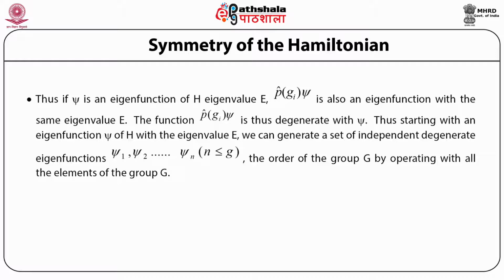Thus, starting with an eigenfunction psi of H with an eigenvalue E, we can generate a set of independent degenerate eigenfunctions psi 1, psi 2, psi n, etc., for n less than or equal to g, which is the order of the group, by operating with all the elements of the group G under which the Hamiltonian is invariant.